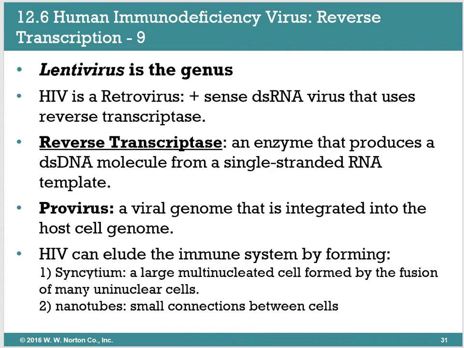The first way is that he will produce a large nucleated cell, and with the fact that he produces such a large cell, he is able to fuse other cells very, very rapidly, very, very quickly. And then another one is through nanotubes. So these are small connections between cells, and with that, it aids in communication a lot more.